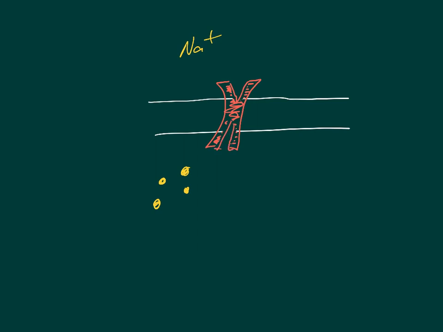Sodium potassium ATPase pump is actually the full name of it. And what happens is that you get 3 sodium ions bonding to the inside of this protein. When that happens, and you get an ATP coming in, going from ATP to ADP, the phosphate sticks here.